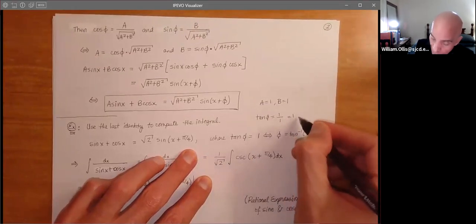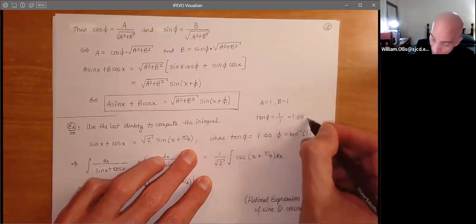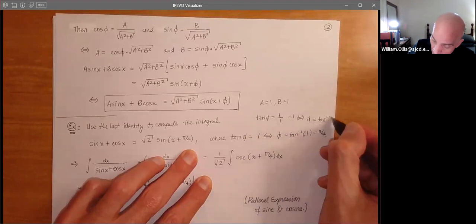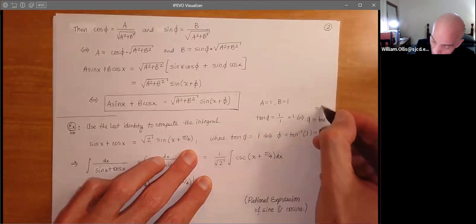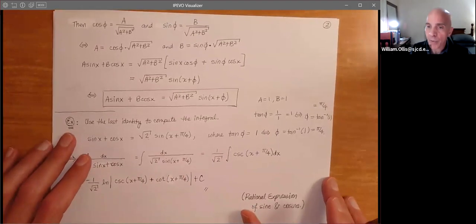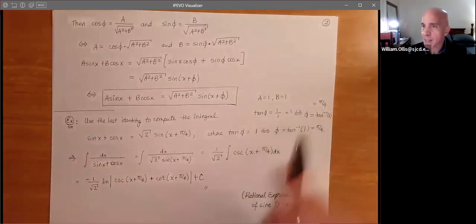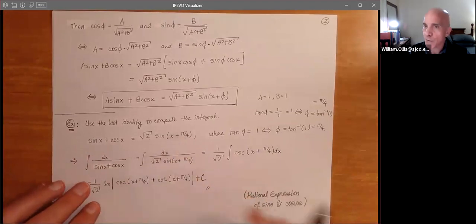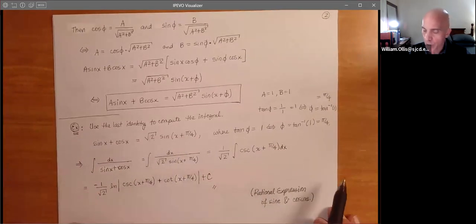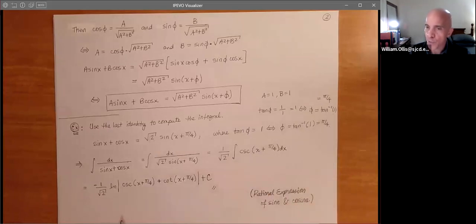And so, of course, that's 1 if and only if phi is the inverse tangent of 1, and that's clearly pi over 4. So again, even if you can't write this down, you can still put the expression for it and get an exact answer. But I thought this was nice because all of the computations are user-friendly.